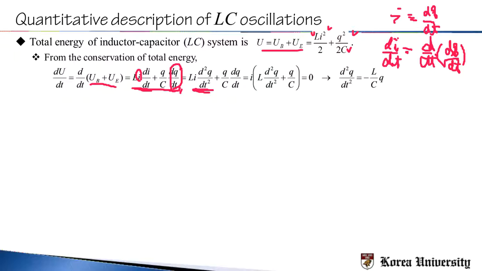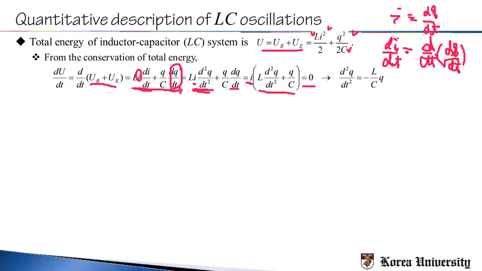Again, this current here and this one are the same, so you take them out of the bracket. This is the current, and all the remaining terms go into the bracket, and this is 0. Why 0? Because the total energy is conserved, so it does not change with time.